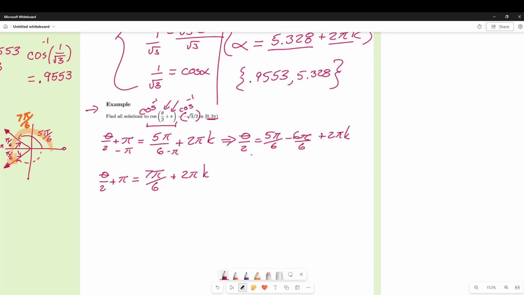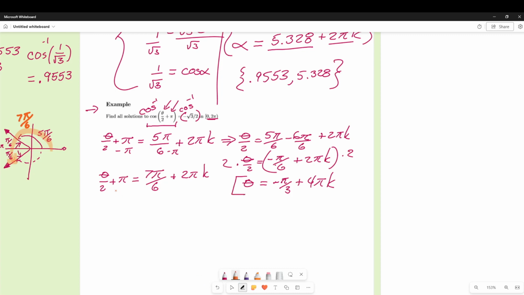I'll give myself some common denominators. So theta over 2 equals negative pi over 6 plus 2 pi k. And then multiply by 2, and we get theta equals, distribute that 2, so negative pi over 3 plus 4 pi k. So that's one set of solutions for our general solution.